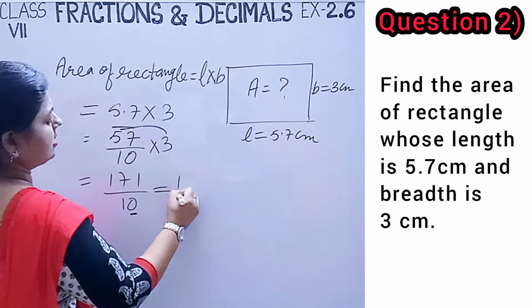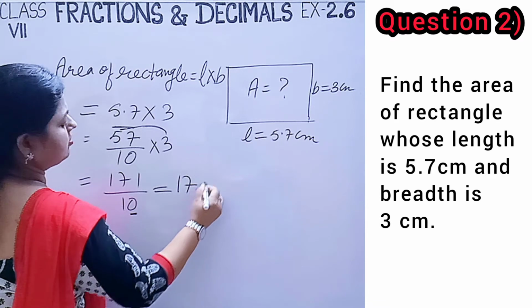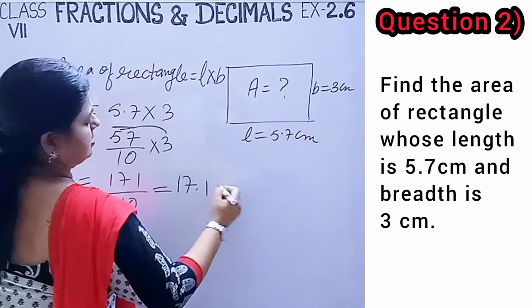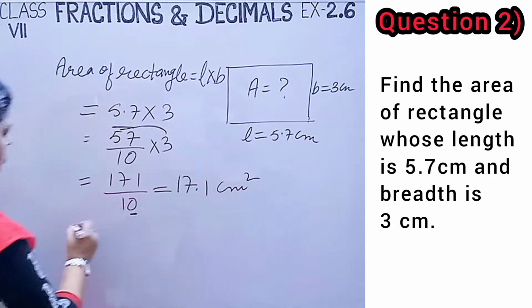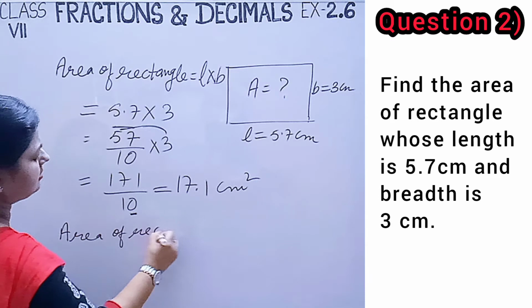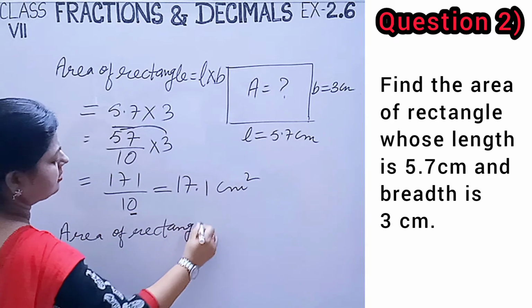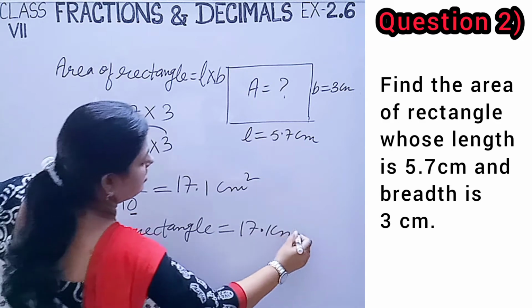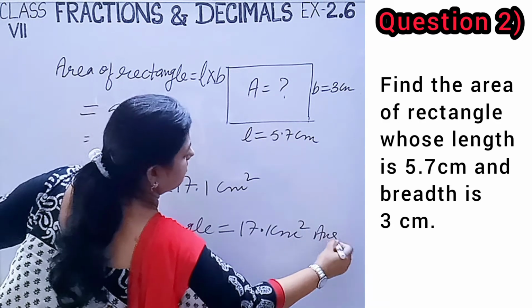So we get 17.1 and this is our unit, centimeter square. So area of rectangle equal to 17.1 centimeter square answer.